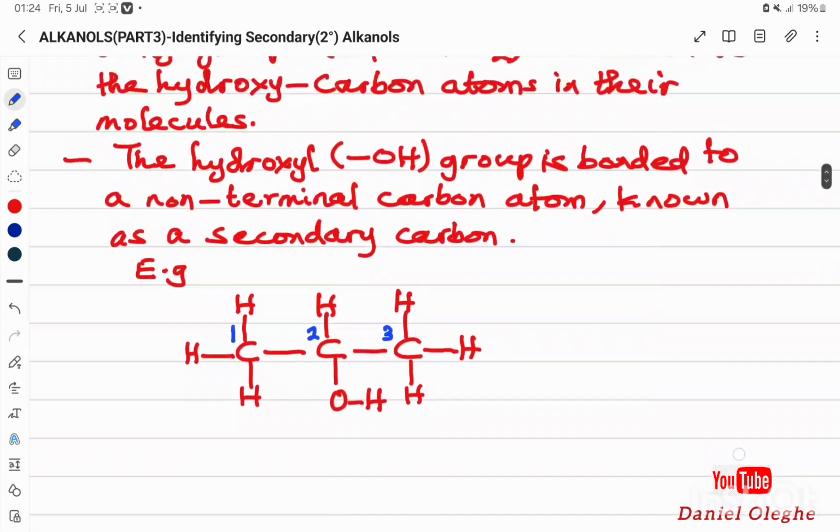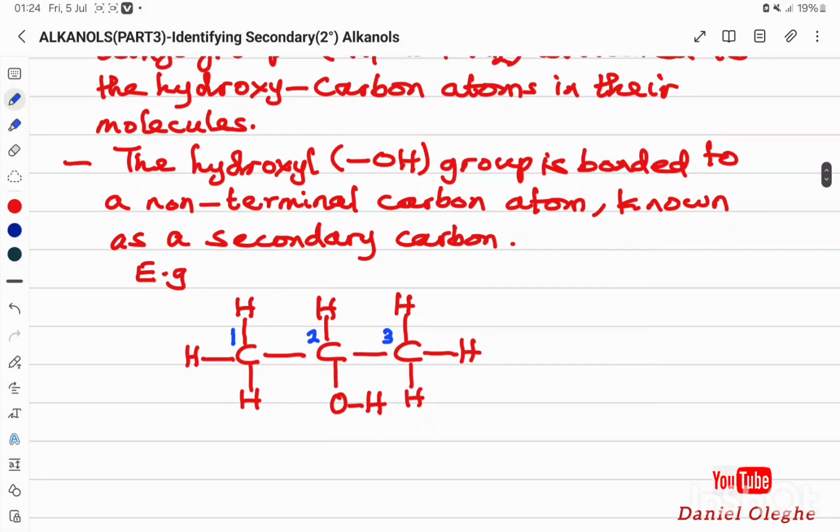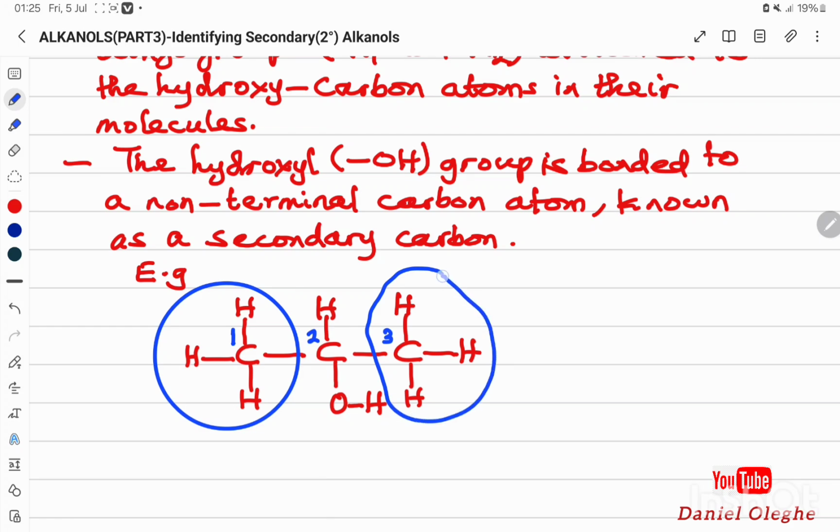So when you have a hydroxy group attached to that carbon, it is also the hydroxy carbon. Now if you look at the two sides of this hydroxy carbon or the non-terminal carbon, we have 2 alkyl groups.